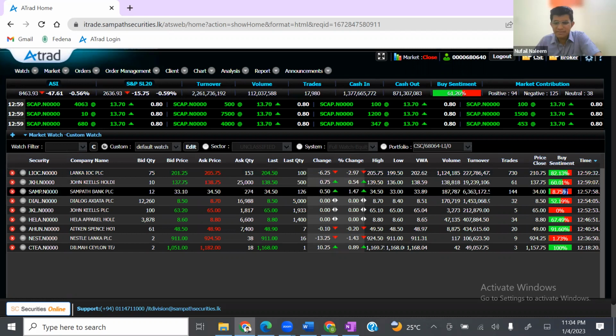It is 8.75. That means the demand is very, very low for the stake. So we have observed it. What is very clear, the numbers are what? 8.75. Now we need to identify why there is a very, very low percentage of shares for this.